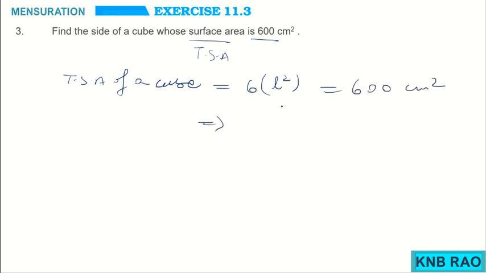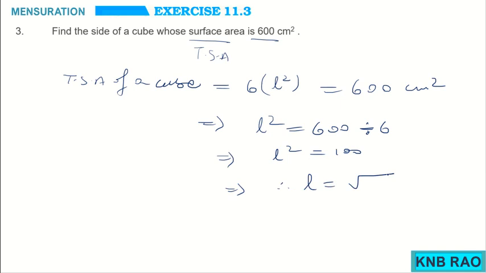Now by solving this equation, 6 which is multiplying L square comes to this side and divides. It becomes 600 divided by 6, which is 100. Therefore L square equals 100. Now L equals the square root of 100, nothing but 10 centimeter.